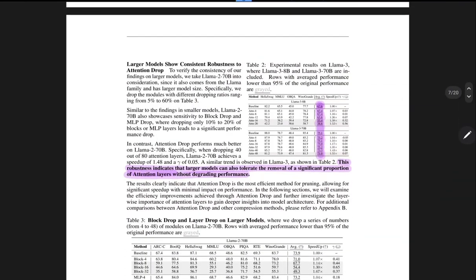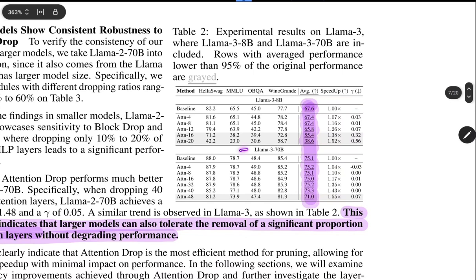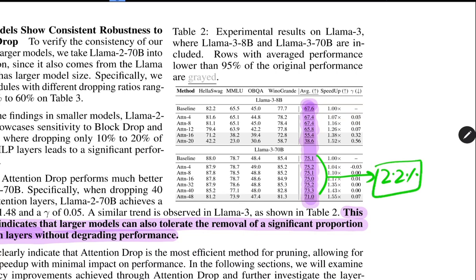Now larger models show consistent robustness to attention drop. So if you see here, this is the Llama 3 8 billion and Llama 3 70 billion. Okay, Llama 3 70 billion goes from 75.1 to 73.3. If you compare both of these, this is almost 2.2%, I guess. Only a 2.2% drop. That's it. And just see the number of attention layers that you have removed, right?